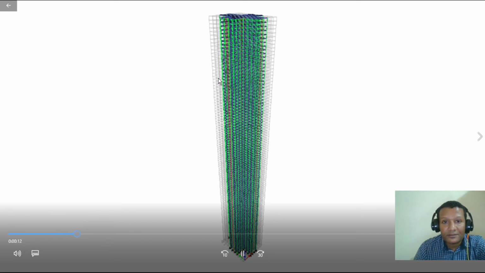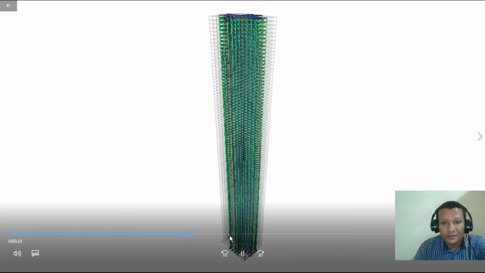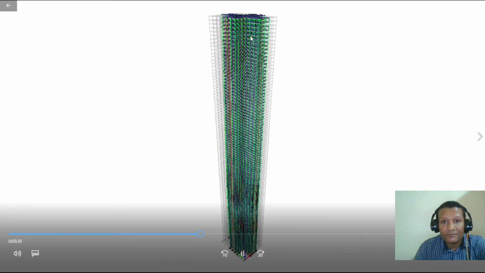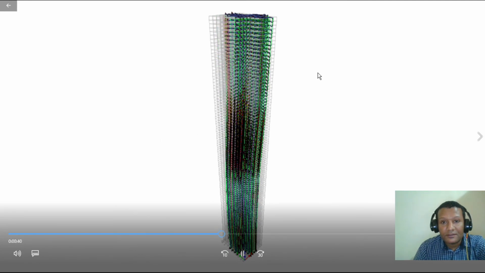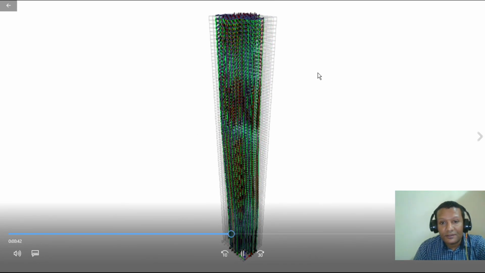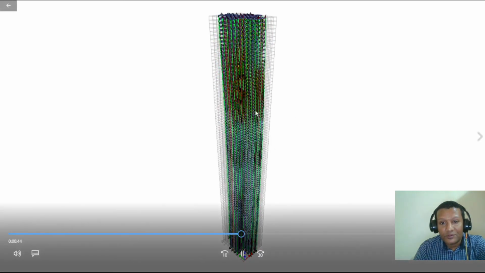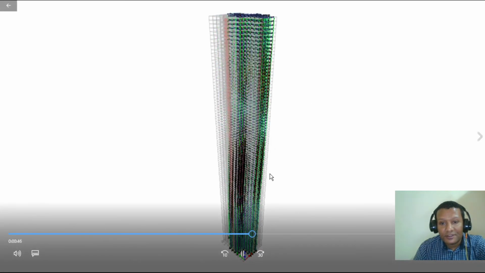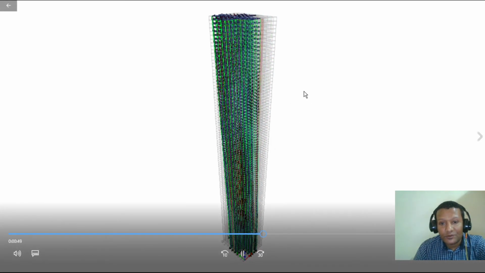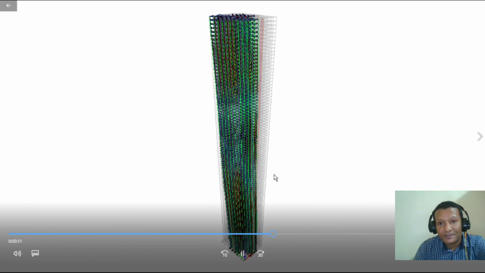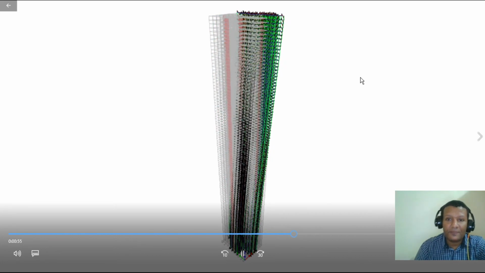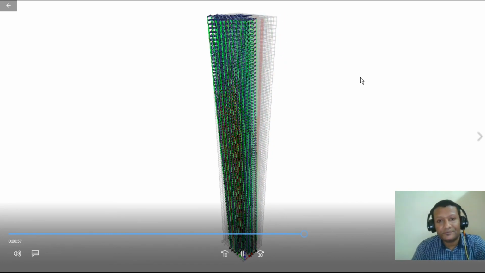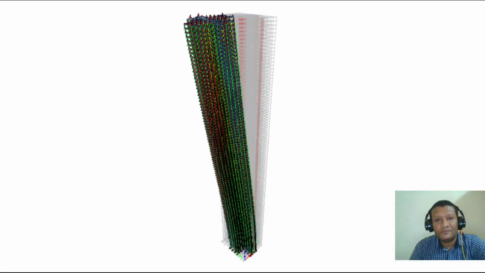For me, I can check, I don't know for you. You see, different modes. I can see first mode, second mode. This is how the building is moving.